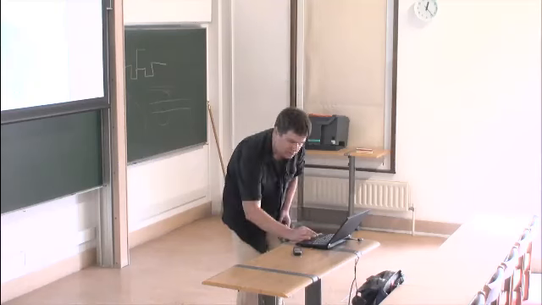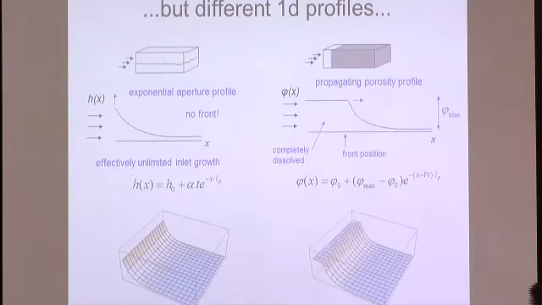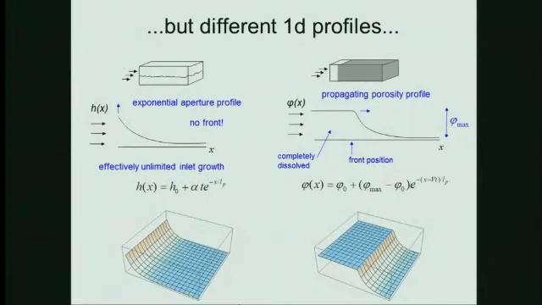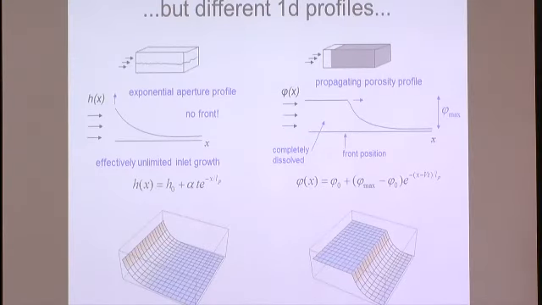So let me show you how it looks in the case of the fracture. It opens. In the case of the porous media, it opens up, but then it hits the ceiling, and then the translating profile is formed, the invariant profile, the front, which just goes inside the porous block, right?